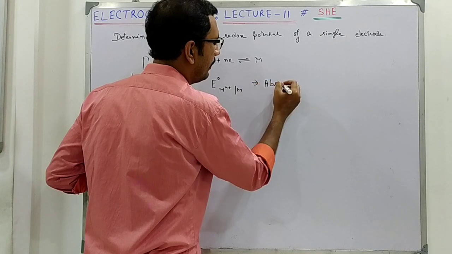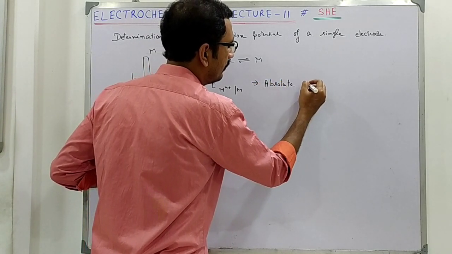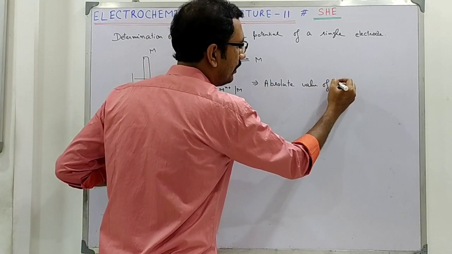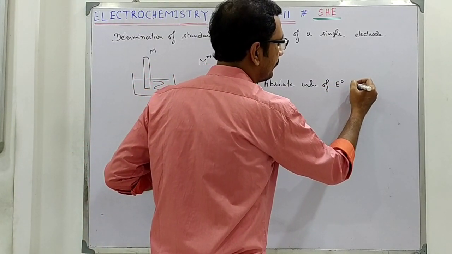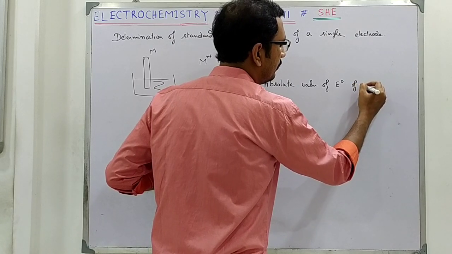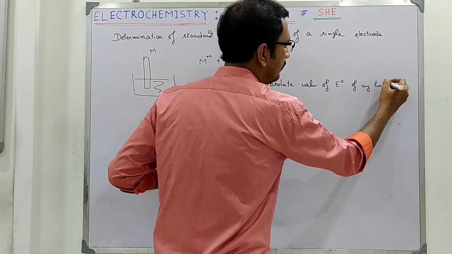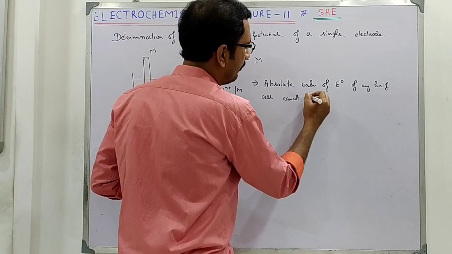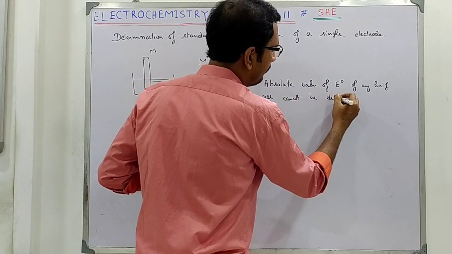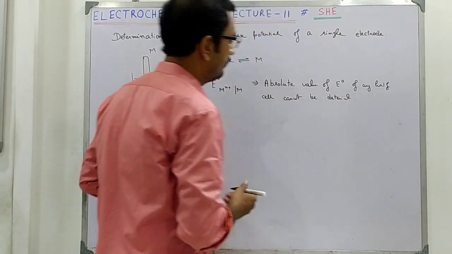The absolute value of E0 of any half cell cannot be determined.